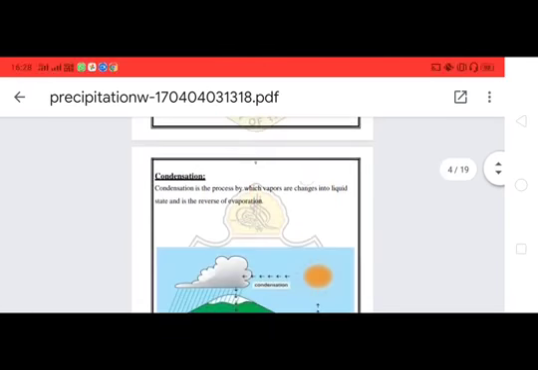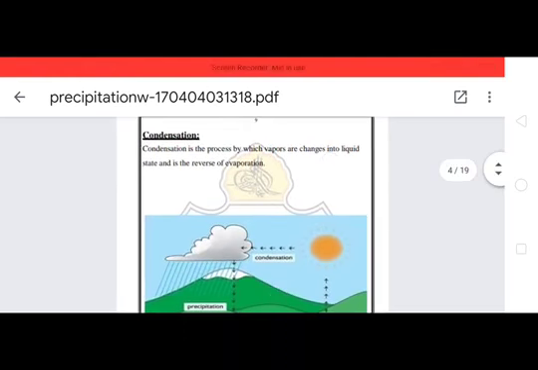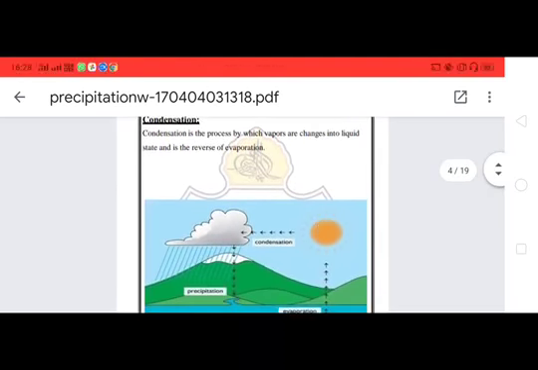Okay, then condensation. What is condensation? As we discussed in evaporation, the water particle after vaporization goes upward, but up to a certain height or a certain layer, that is the stratosphere, the water particle condenses due to various causes.